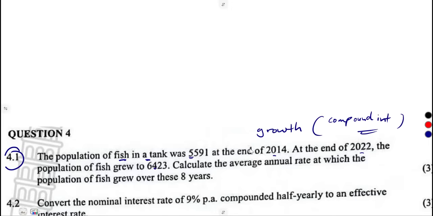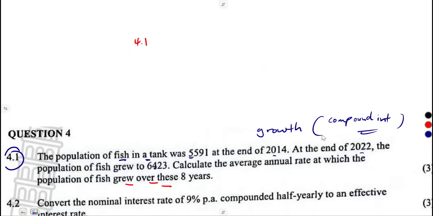So the question here was: calculate the average annual rate at which the population of fish grew over these 8 years. We're given the number of years. Let's just be straightforward.